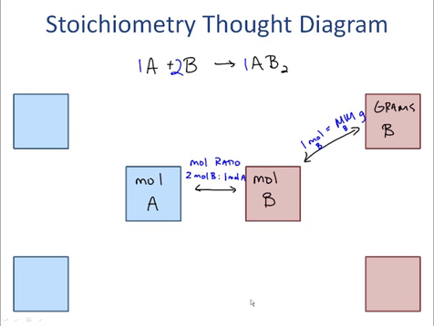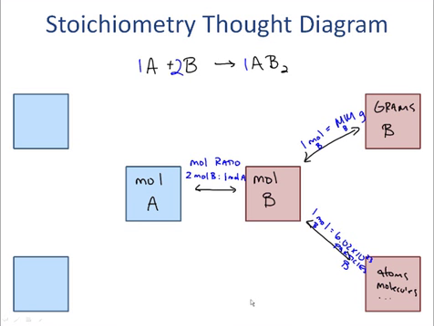I can also take B and turn it into how many atoms or molecules or formula units we have. And the way that I go back and forth between those things is I use another equality, that 1 mole of B, or any substance, is equal to 6.02 times 10 to the 23rd particles of that substance.